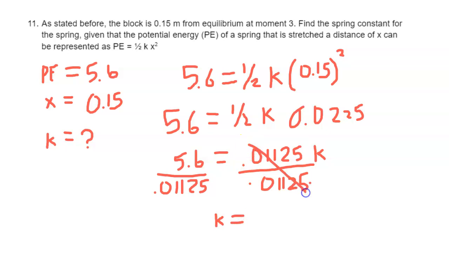So this cancels out, and now we just have K is equal to 5.6 divided by 0.01125. That is 497, which is really maybe 498 if we round it, really close to 500. So I bet when this company made the spring, they were really trying to shoot for a spring constant of 500.